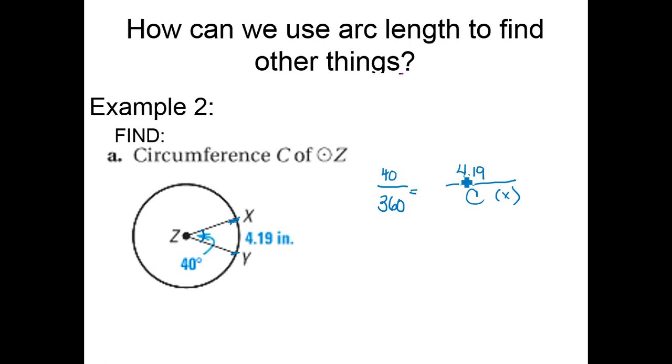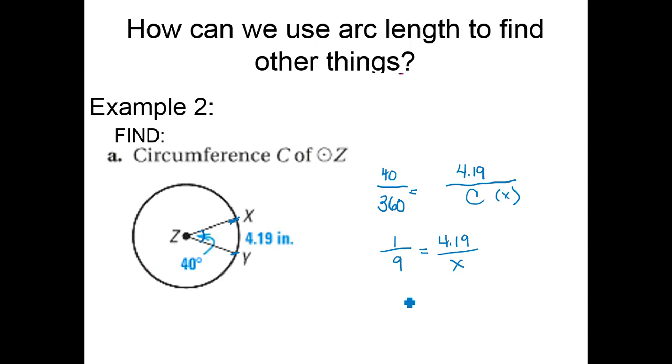Okay, and so again, I'm going to cross multiply. Before I cross multiply this one, I'm going to go ahead and simplify this 40 over 360. Sometimes I do that just because it makes things simpler when I do reduce. So 40 over 360 is 1/9, and multiplying the smaller numbers is just easier for me.